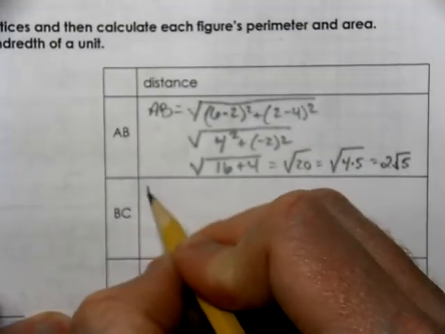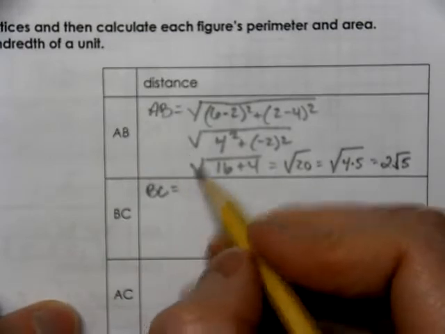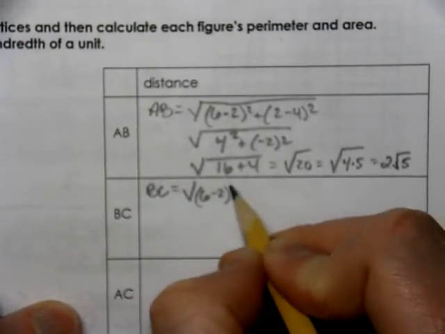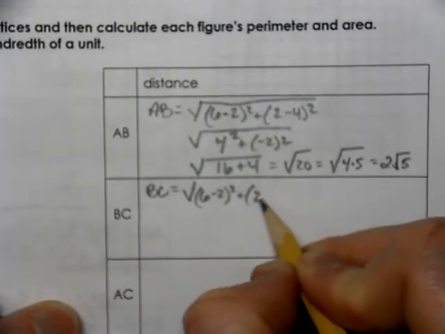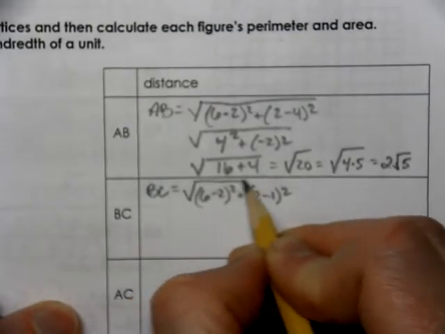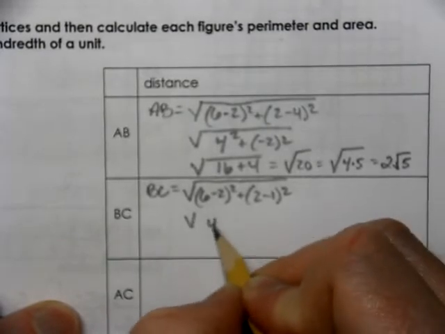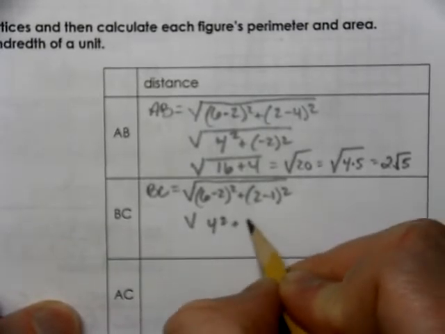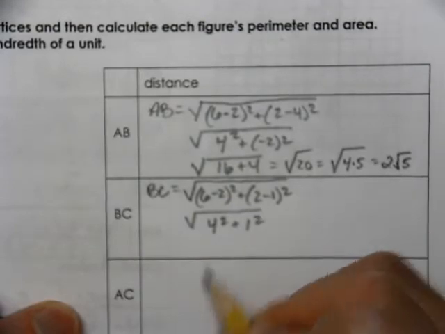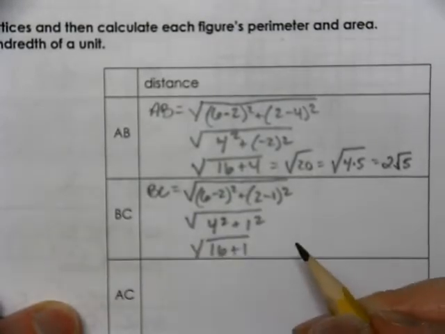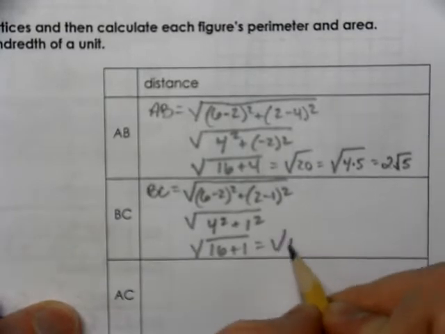BC. BC would be 6 minus 2 and 2 minus 1. That gives us 4 squared plus 1 squared. 16 plus 1 is the square root of 17.